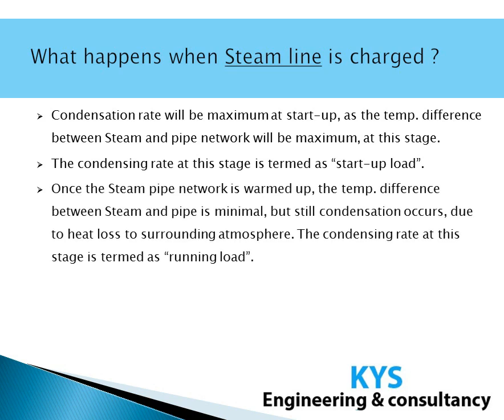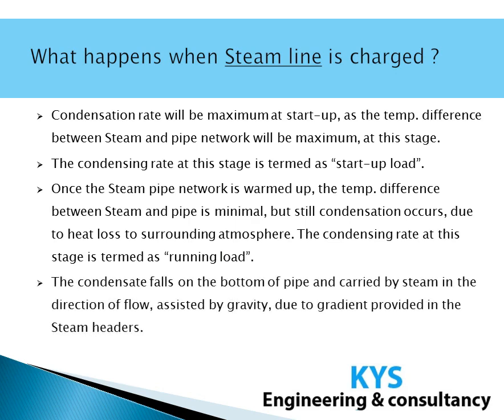Once the steam pipe network is warmed up, the temperature difference between steam and pipe is minimum, but still condensation occurs due to heat loss to the surrounding atmosphere. The condensation rate at this stage is called running load.